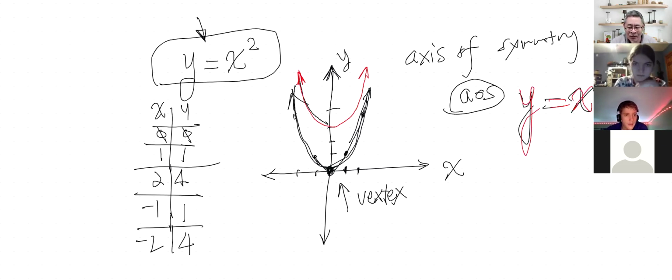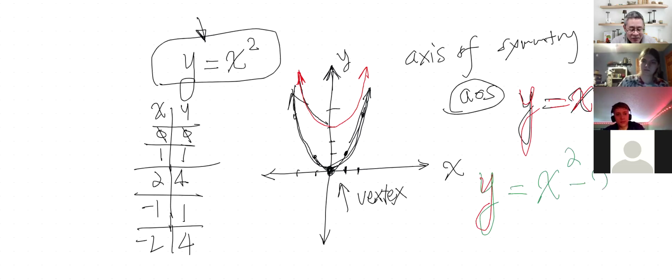Instead of y equal to x squared, we can have y equals x squared minus 2. So we're starting down here, and that's the graph.